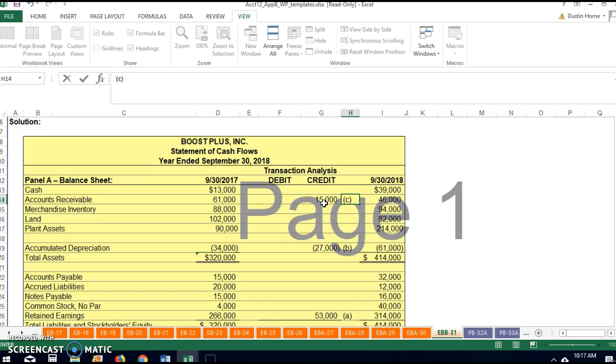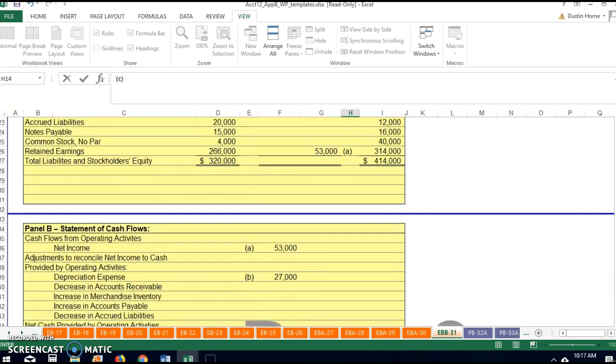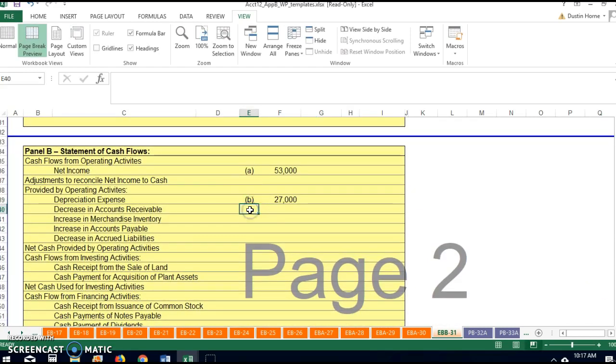It means that if it went down, we received more cash than the sales we had. So a decrease in accounts receivable means an increase in cash. So for C, it was $15,000.